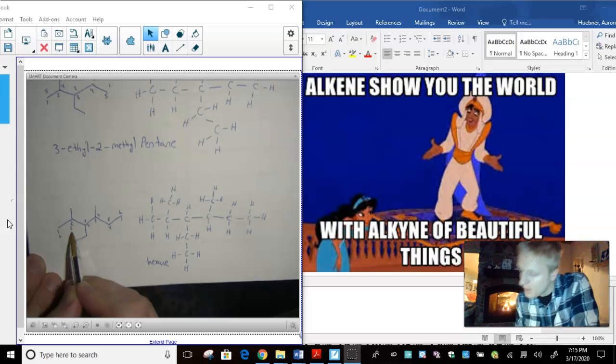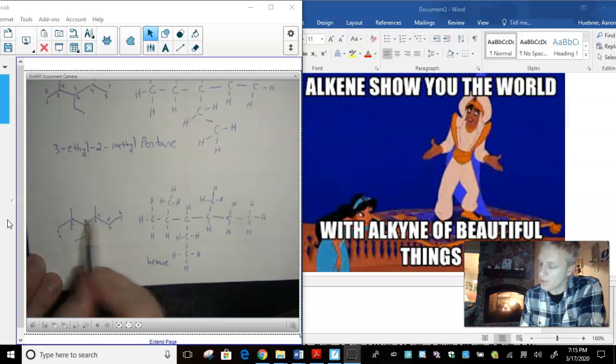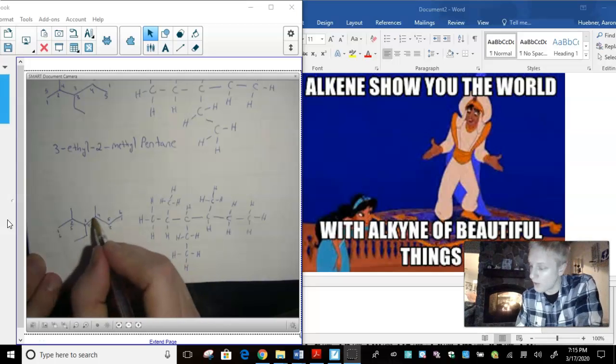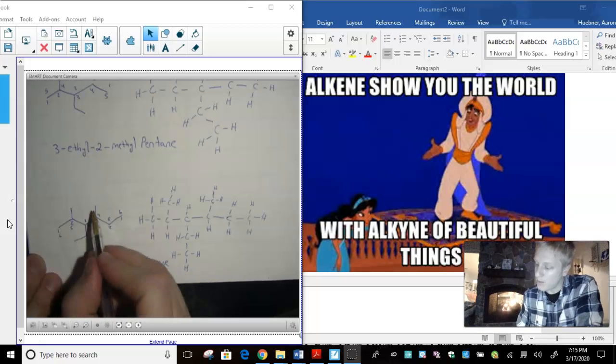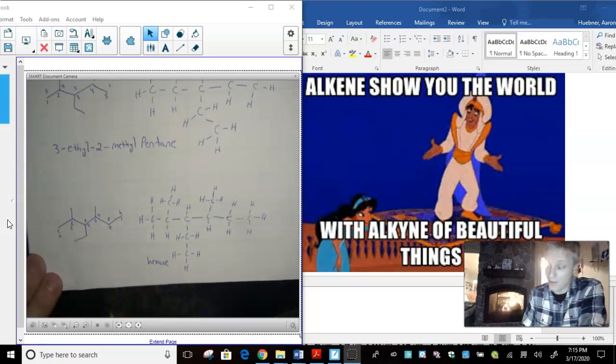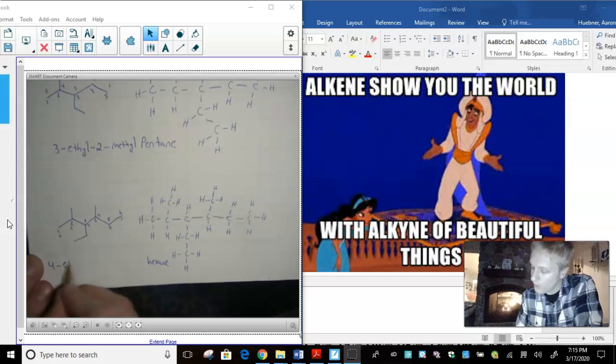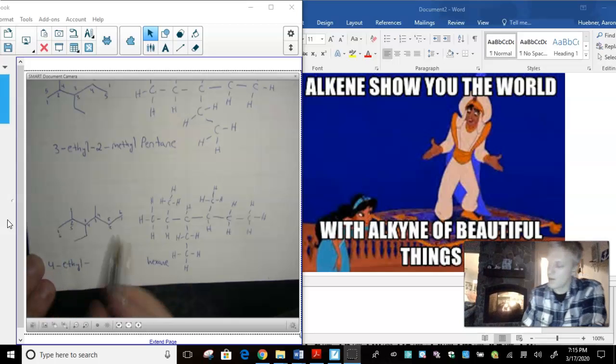I believe it's the 2, 3, and 4, the 4, 3, and 2. So those are the numbering that we are going to follow. And let's see, oh, we got methyl, methyl, and we got ethyl. And we say E comes before M, so we're going to start with ethyl. That's 4, 4-ethyl. And then we've got 3.